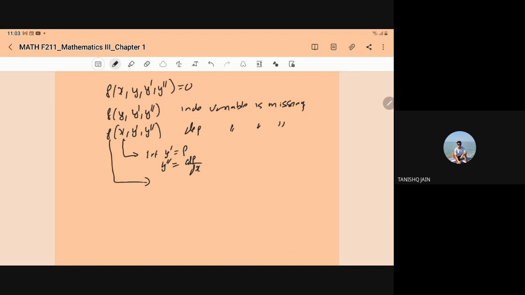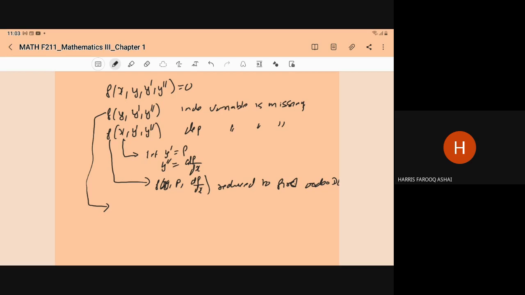This equation reduces to f of x, p, and dp by dx, a first order differential equation. Here we have the reduced first order differential equation in terms of the dependent variable p and independent variable x.